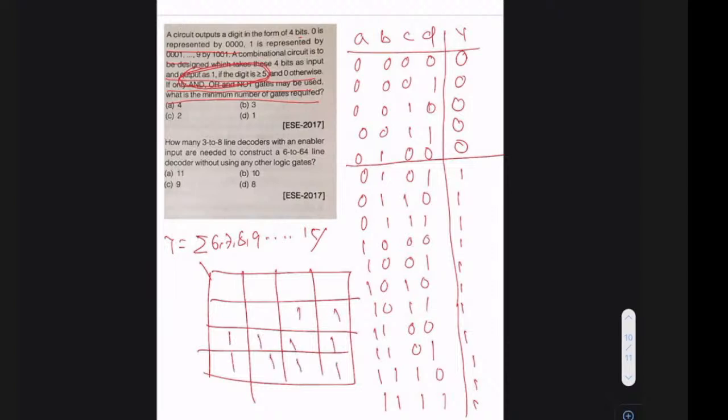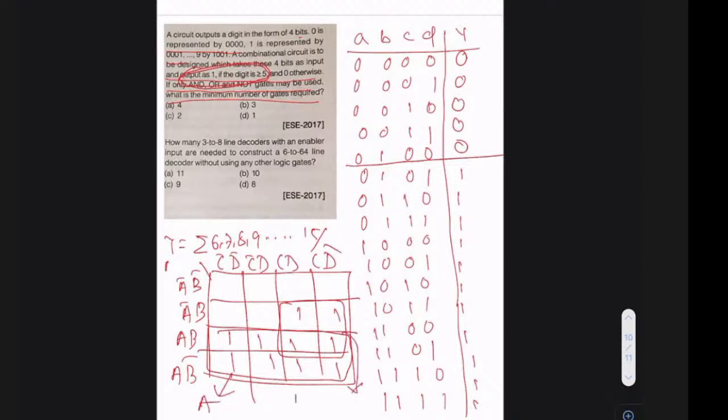If you see, you have an octet here and you also have a quad here. Very simple, straightforward. So this is A bar B bar, this is A bar B, this is AB, this is AB bar. This is C bar D bar, C bar D, CD and CD bar. So from this octet, you get only A. And from this quad, from the row, you get B.